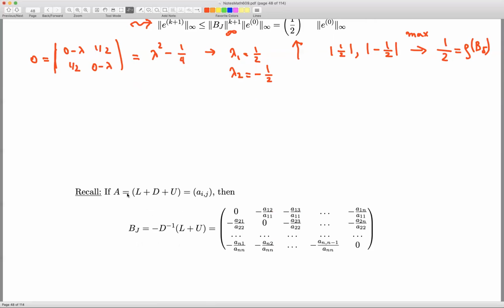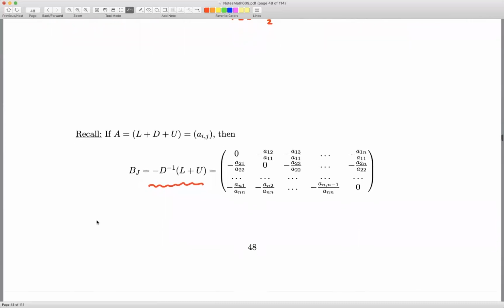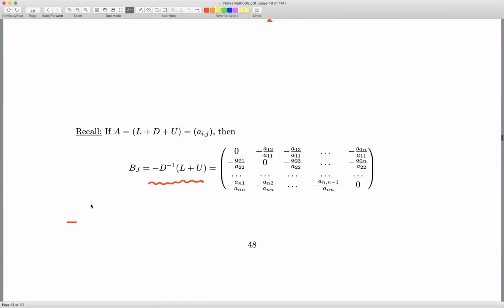Remember that the formula for the Jacobi matrix was minus D inverse multiplied by L plus U. And remember that D inverse was the elements on the main diagonal, their reciprocal values. So what we actually have is minus, and then we have 1 over A11, 1 over A22, and so on, 1 over ANN, and everywhere else we have 0. So this is the inverse of the matrix D.